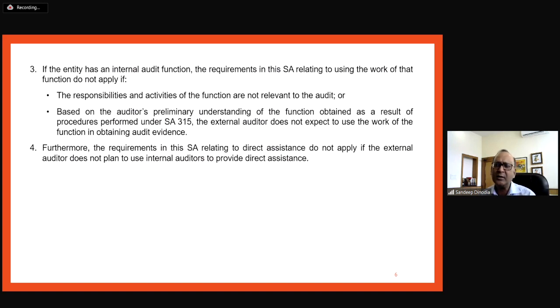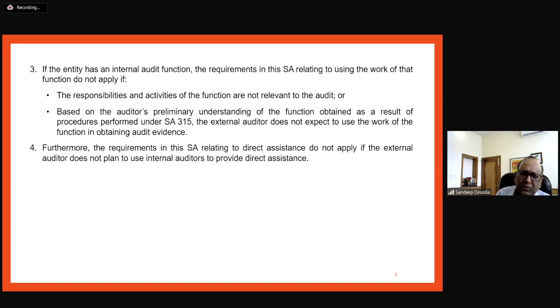The external auditor does not expect to use the work of the function in obtaining audit evidence. So there could be situations where we do not want to use the work of the internal auditor, and the areas performed by the internal auditor are not relevant to my forming the opinion as external auditor.